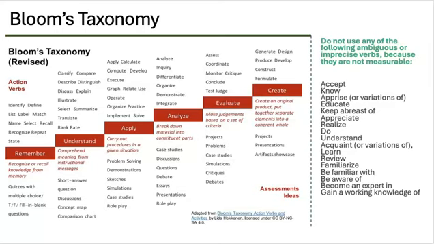So depending on what you want your students to be able to do, the objective is going to be written somewhere on this hierarchy. Just because remember is at the bottom doesn't mean that it's the worst type of objective to write. That is not the case. But what's important is trying to combine different levels of Bloom's taxonomy throughout the learning experience.